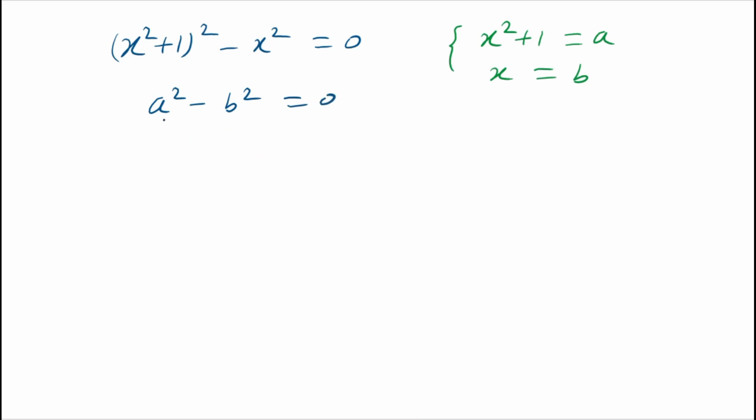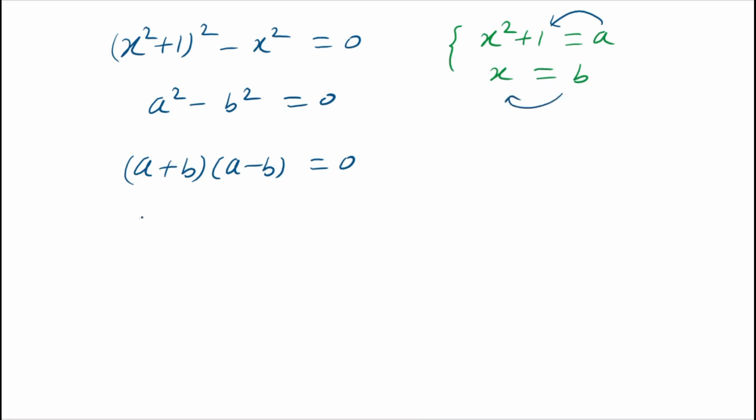On the left-hand side we have a² − b². This is a difference of two squares. a² − b² is (a + b) multiplied by (a − b), equals 0. Here the value of a is x² + 1 and the value of b is x.